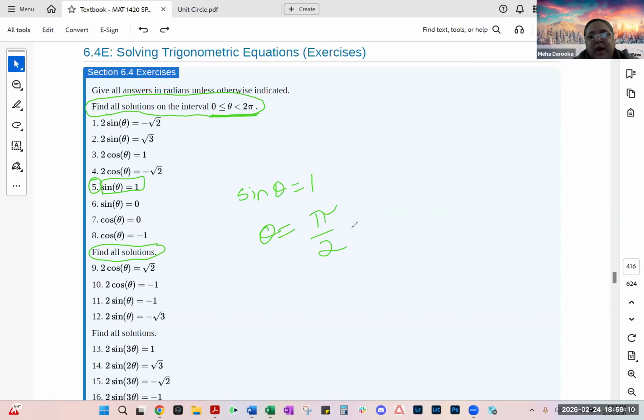Why we're not doing 2 pi k in this number 5 example? Because when they restrict your interval, you will not be using 2 pi k. When they just leave it open, like find all solutions with no restriction on the interval, that's why we did the plus 2 pi k here, but you don't do that up here.